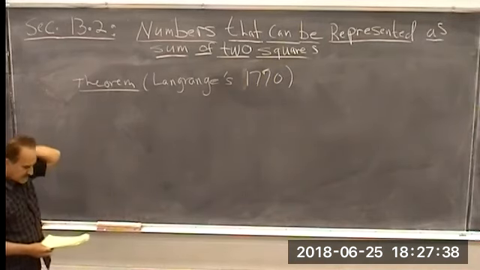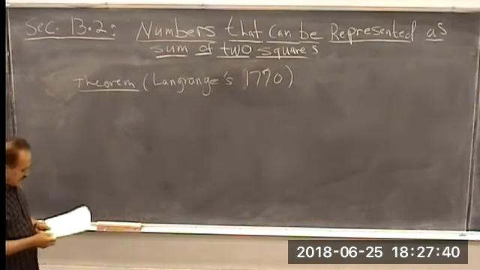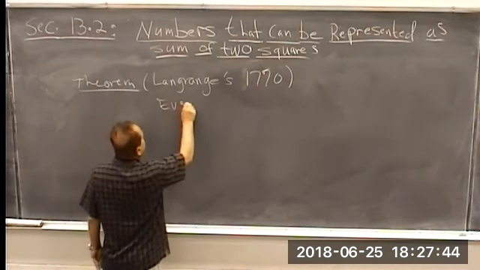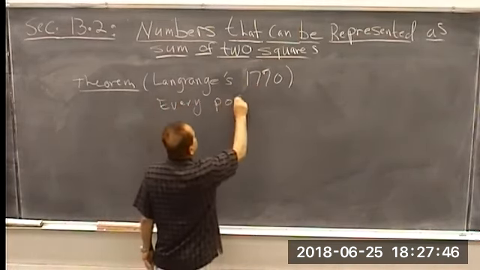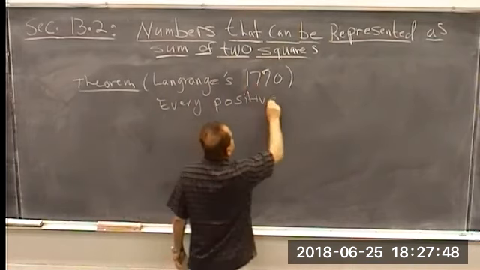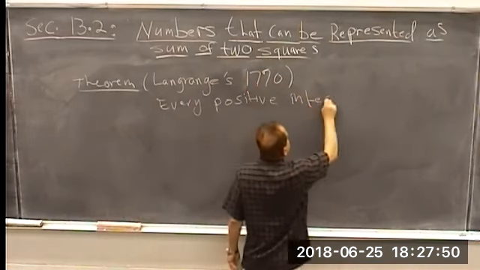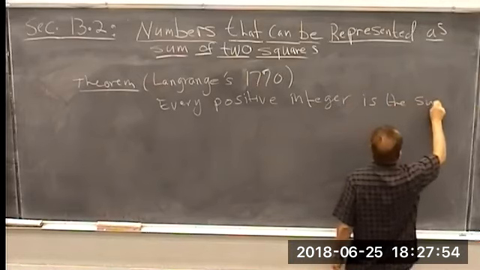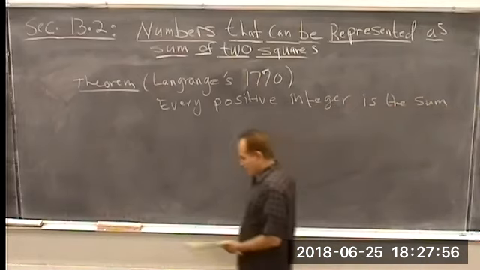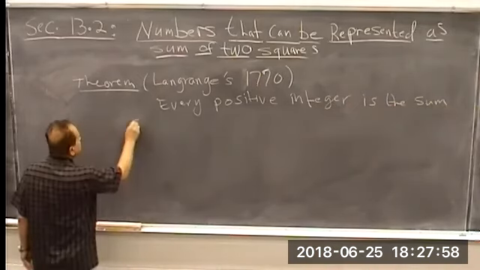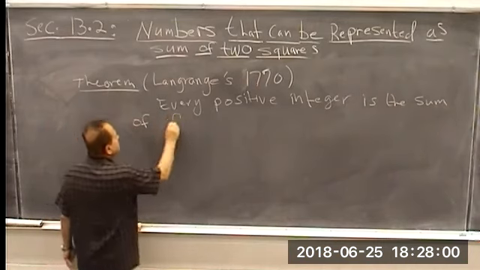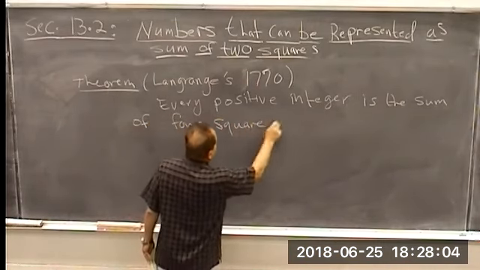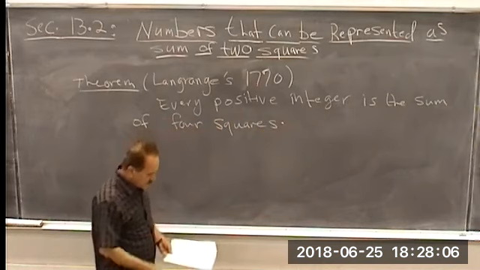And it says that every positive integer is the sum of four squares, or representable as a sum of four squares.